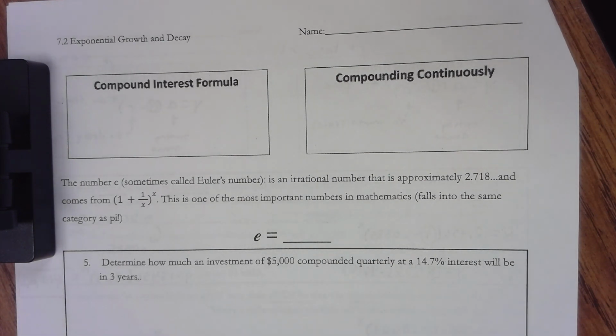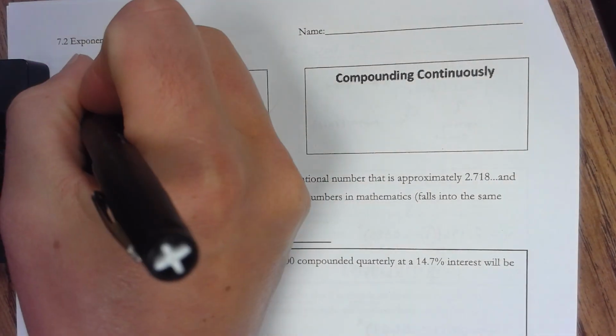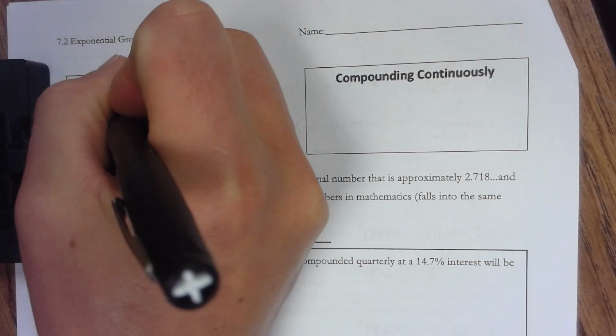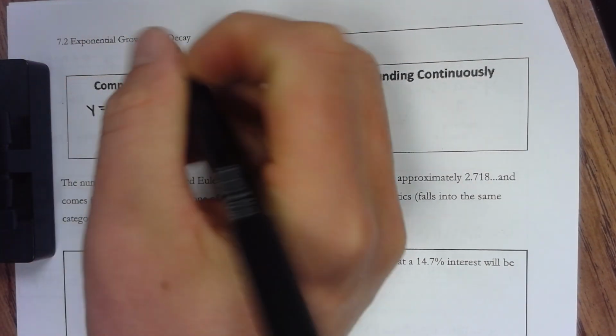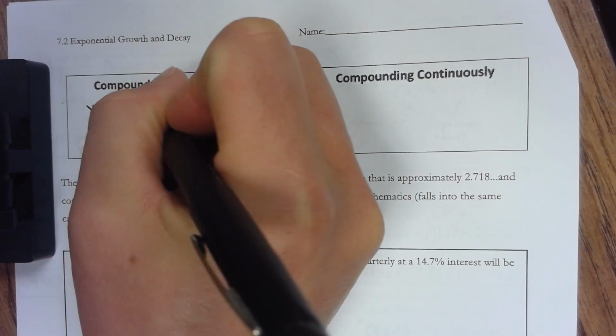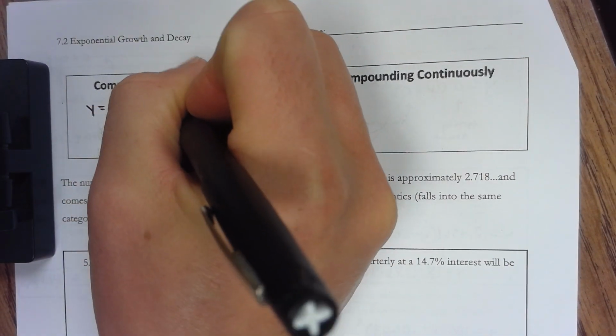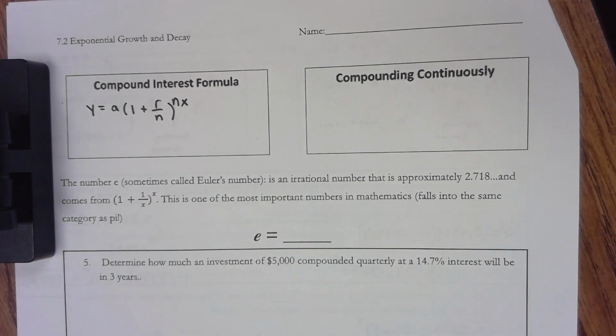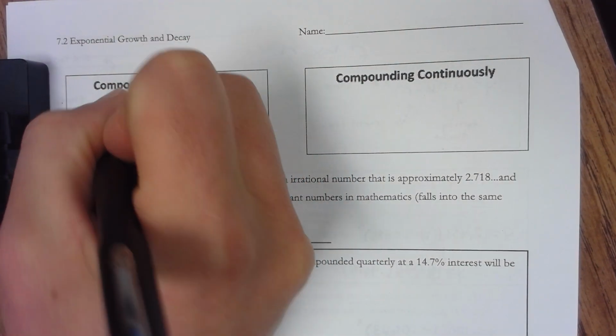So let's talk about the equation first, and I'll explain what compound interest is. We still have y equals a, and then we have 1 plus r divided by n, and then n times x, or n times t. Just like before, a is your starting amount.